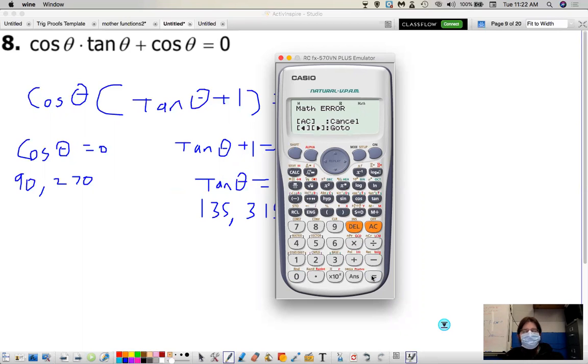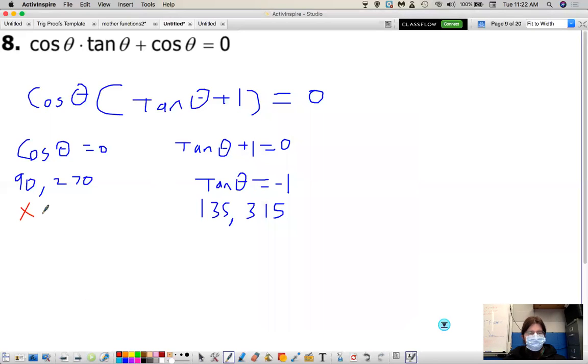Let's think about why we're getting an error. Tangent is sine divided by cosine, right? Cosine is equal to 0 right now. So we're dividing by 0. Can't happen. So we know both of these are out. These two will work. You can type all those in if you really want to.